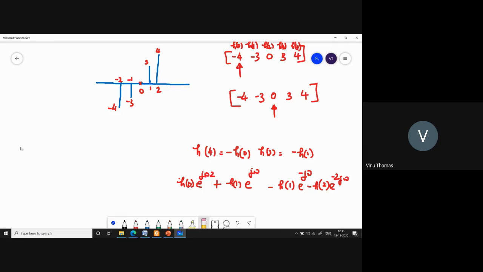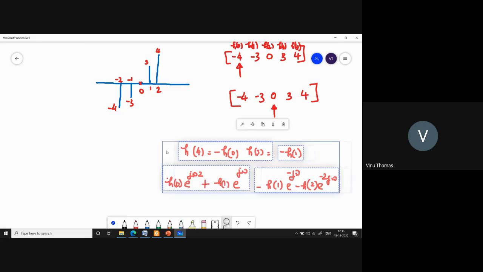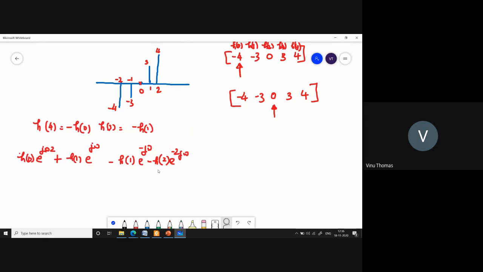So here we can write this as h of 0, I'll just take this upwards. So this we can write as h of 0 into... no, this is h of 0.